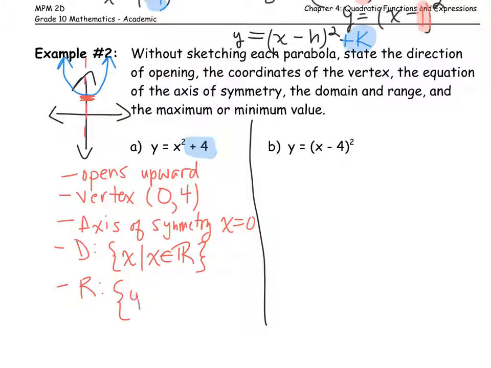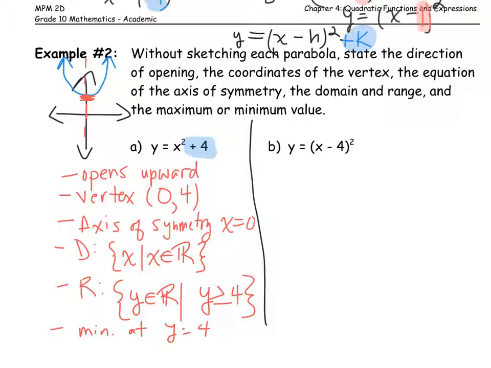So I'm going to say, well, y belongs to the set of real numbers, but y has to be, in this case, greater than or equal to 4. And the last thing is, do I have a maximum or a minimum value? Here I have a minimum value because my graph ends at y equals 4. So I have a minimum at y equals 4. And I'm done. So hopefully you did okay with that.